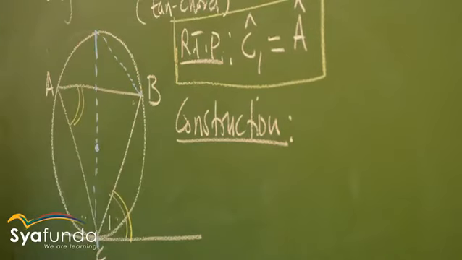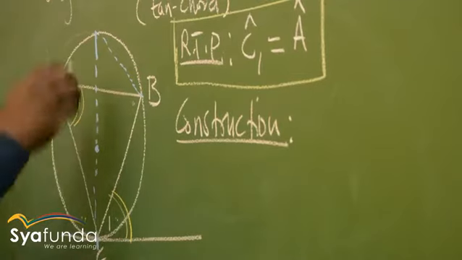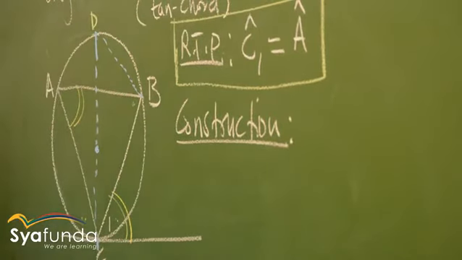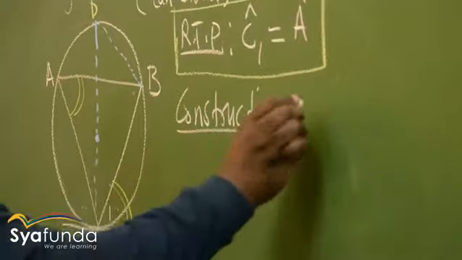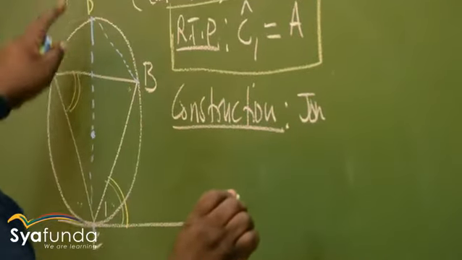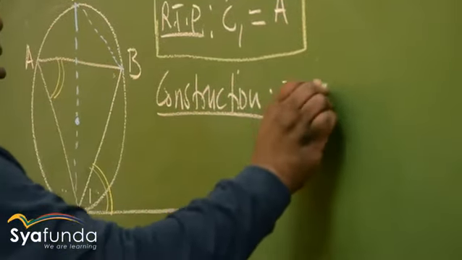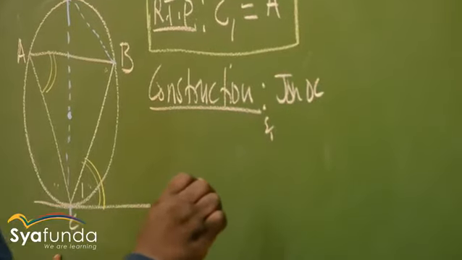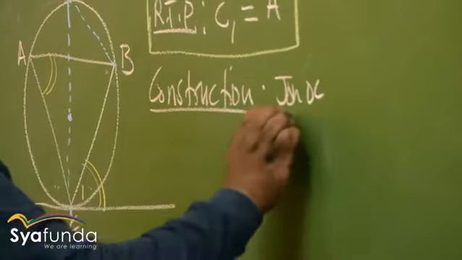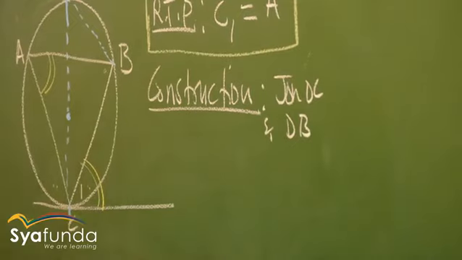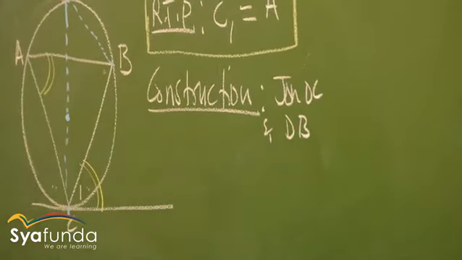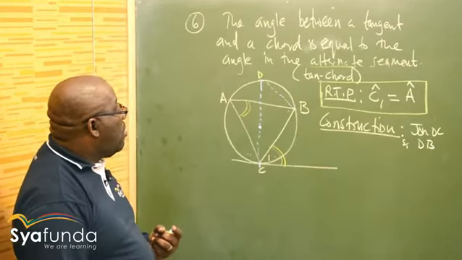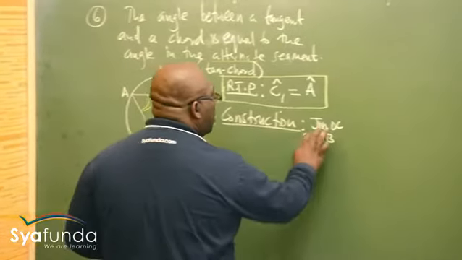If this is A, B, C, let's just call this one D. What is it that we have just constructed? We have joined DC and DB. This is what we've constructed, and the construction is always on dotted lines. So that's what we've constructed so far.